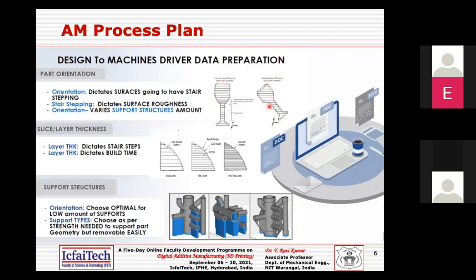So what I'm trying to say is, your orientation is going to play a vital role in terms of accuracy. Not only accuracy, the build orientation will affect your build time, accuracy, mechanical properties, physical properties, and so on and so forth. So the fabrication orientation is going to play a vital role.